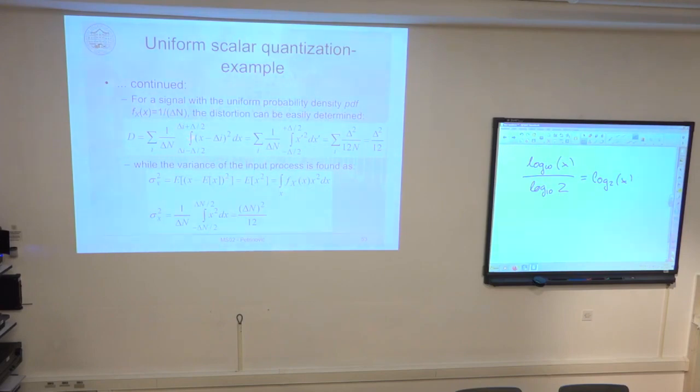Then I have the interval. The lower bound is delta times I minus half the step size. The upper bound is delta times I plus half the step size. For example, for the first class, this I would be -2. So it is -2 times 0.4, which is -0.8.